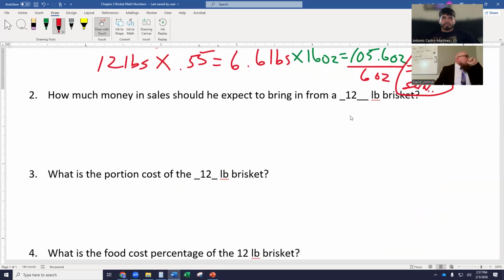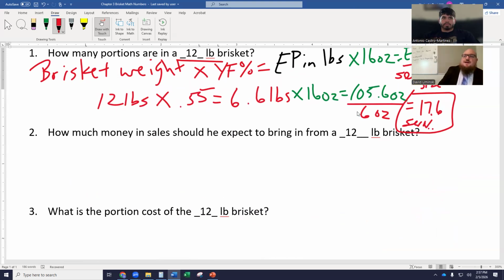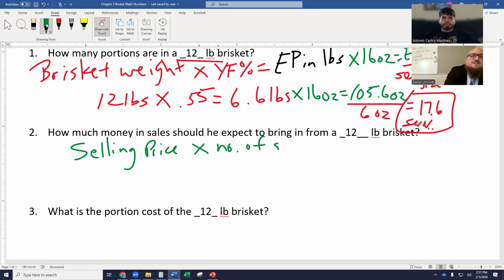Okay, so how much money in sales should we expect to bring in from a 12-pound brisket? All right, here we go. This is the formula: the selling price times the number of servings, the answer from number 1. So how much do we sell our brisket for? $16.95. It's up there at the top.